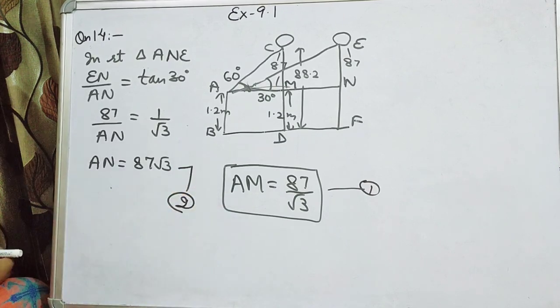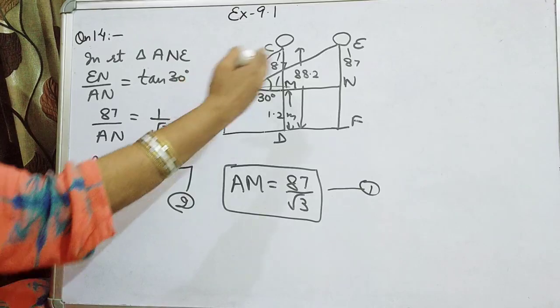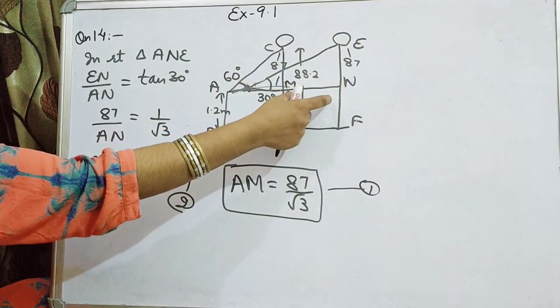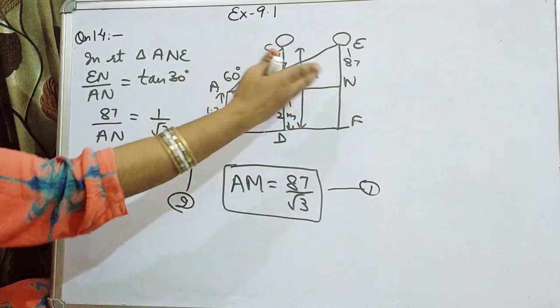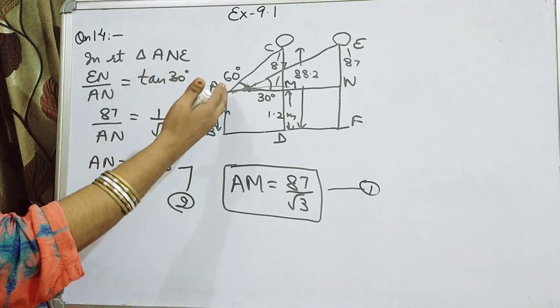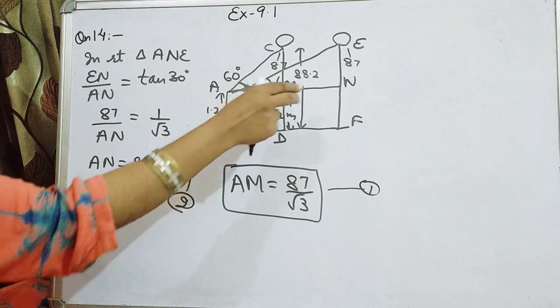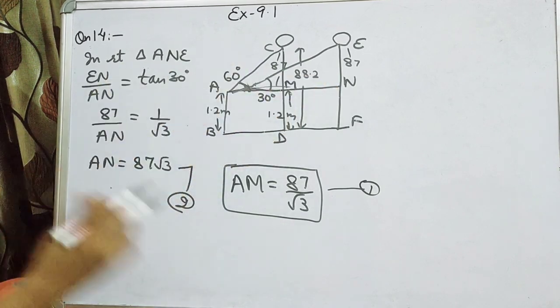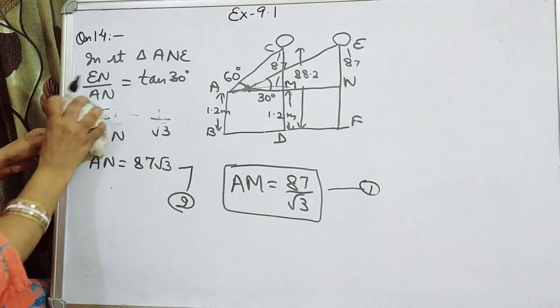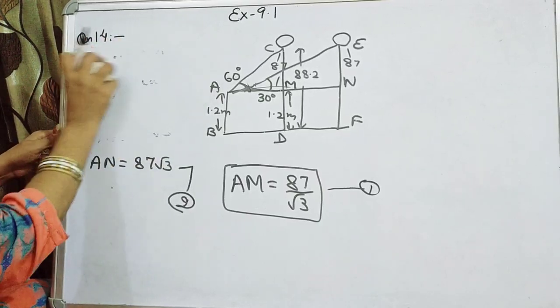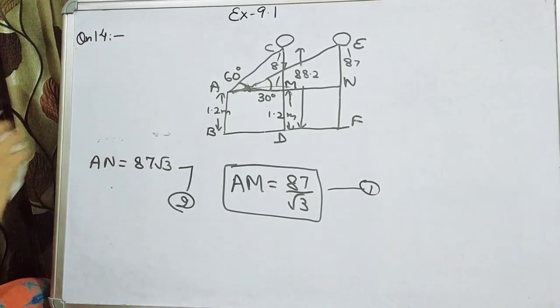Now we have AM and AN, and we have to find MN, which is the distance covered by the balloon. So we can subtract AN and AM, and after subtracting them we can get MN, right? For getting MN, I just have to subtract these two distances.